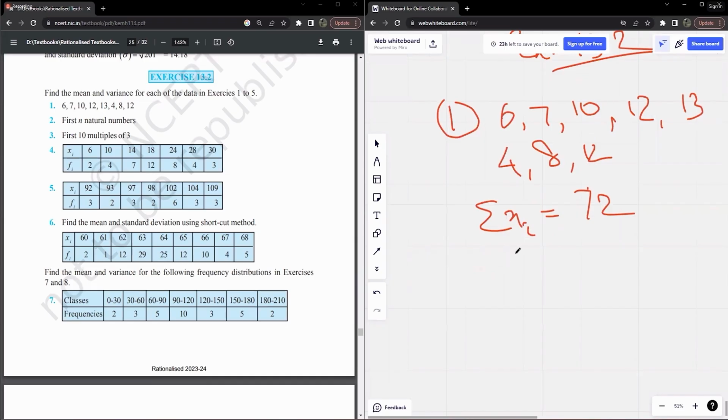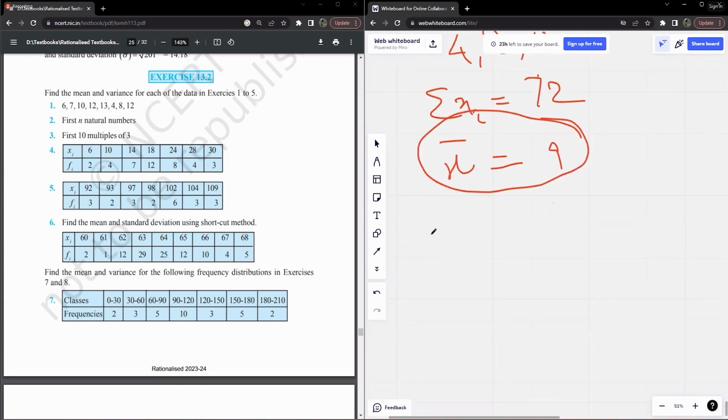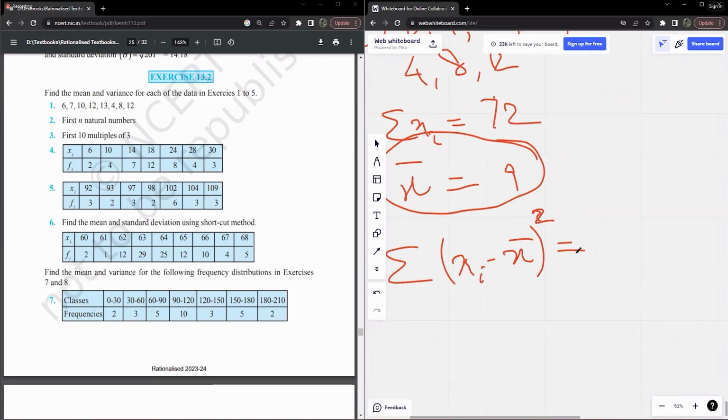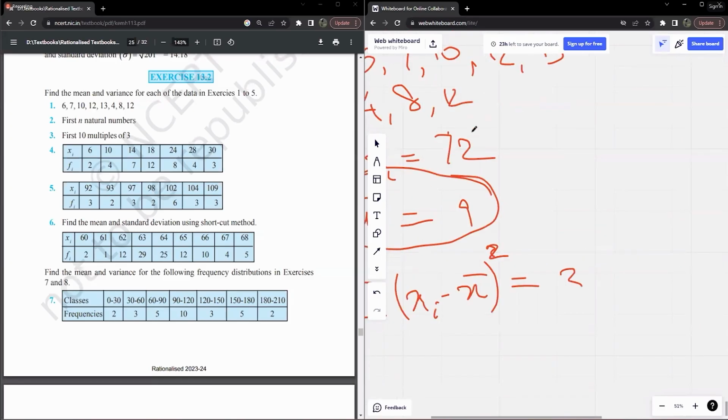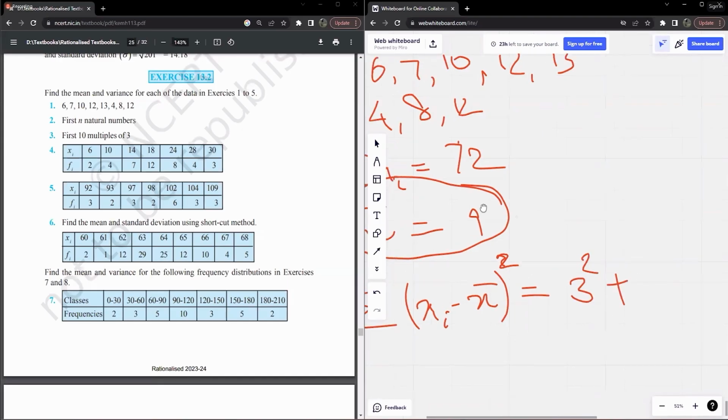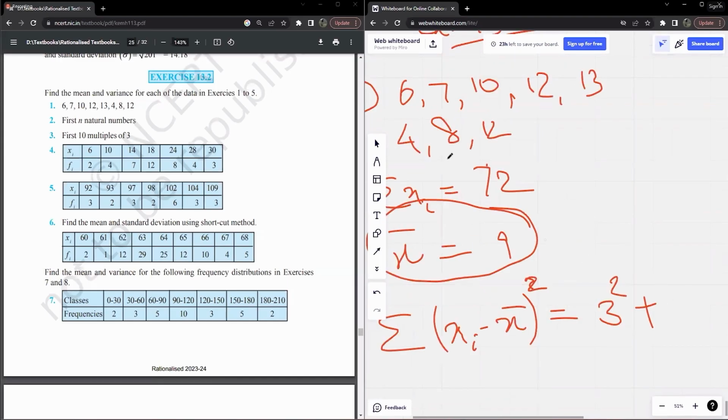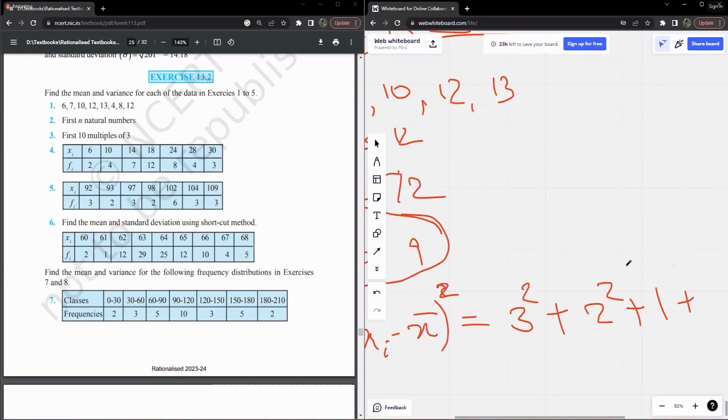So your mean x bar is going to be 72 divided by 8, which is 9. Then your variance is going to be sigma of xi minus x bar the whole square, which is equal to each of these minus 9 the whole square. 6 minus 9 is basically 3 square, plus 7 minus 9, that is going to be 2 square, plus 10 minus 9, that is going to be 1. 12 minus 9 is going to be again 3 square.